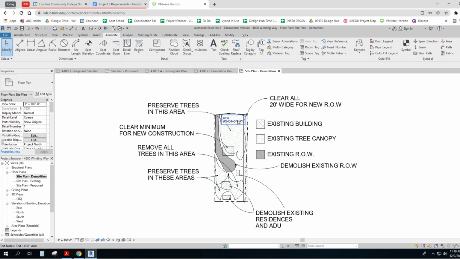You can put stuff wherever you want. As a matter of fact, the people over here would probably rather have the apartments lined up over here rather than over here, right? So there are all sorts of things that people can do. You just have to say what's being demolished and what's being kept.